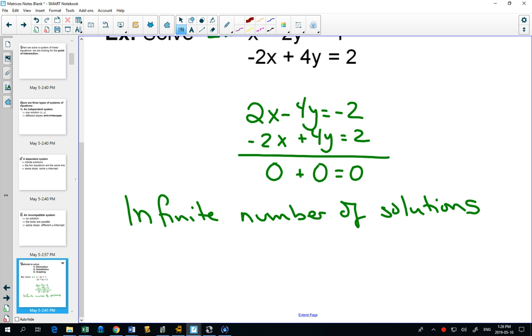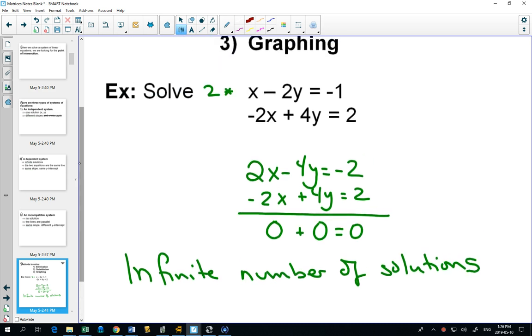If we were like, I wonder if these are the same line, you could rearrange both of these lines into y equals mx plus b. The first one, can you see that I would have negative 2y equals negative x minus 1, dividing everything by negative 2 would give me 1/2 x plus 1/2.